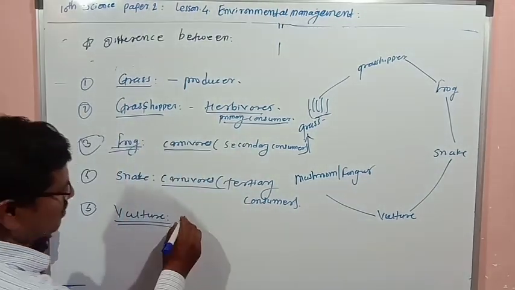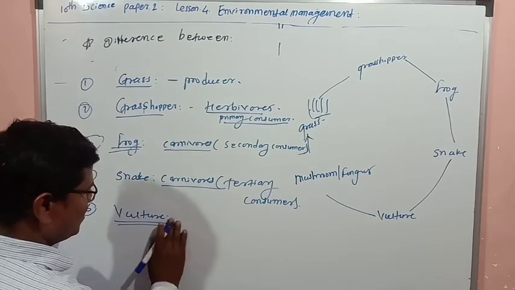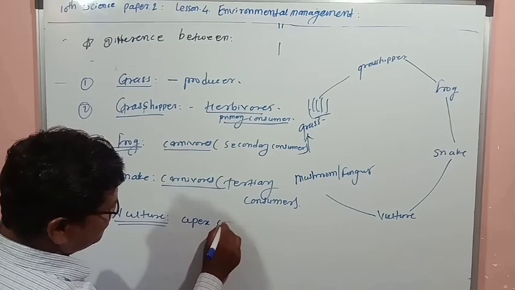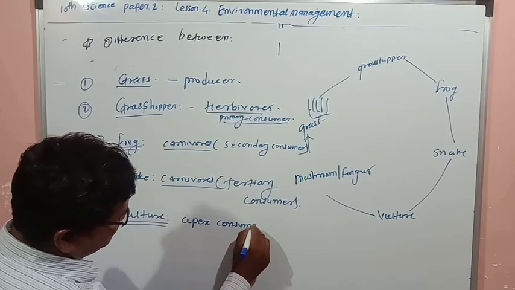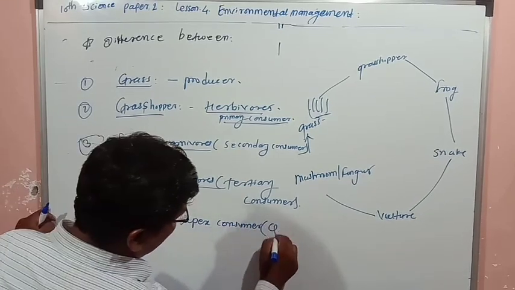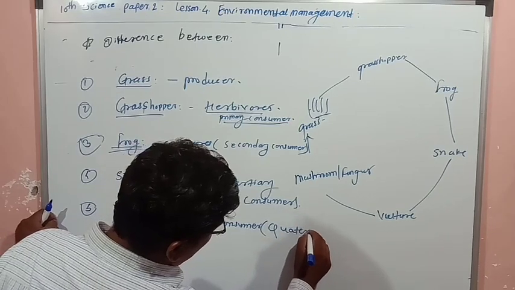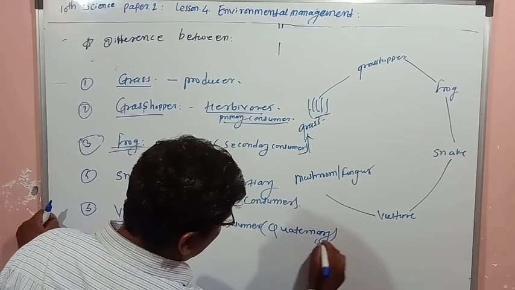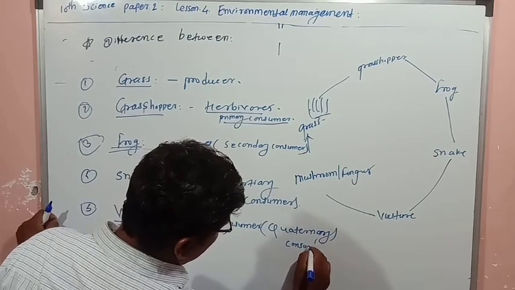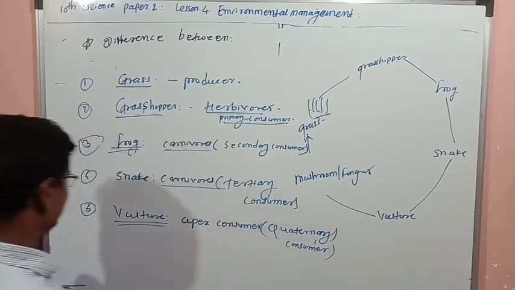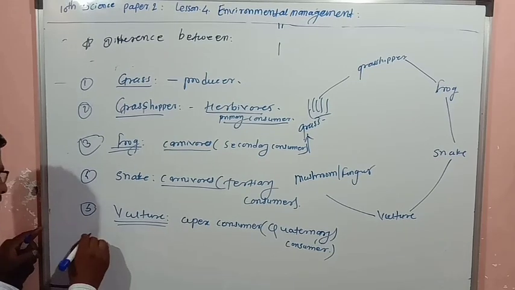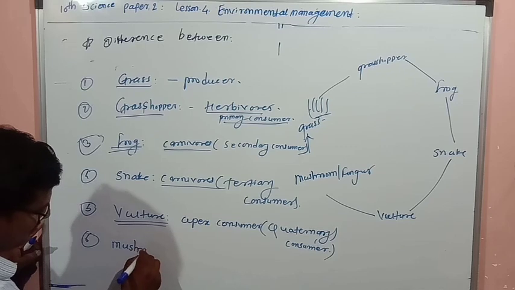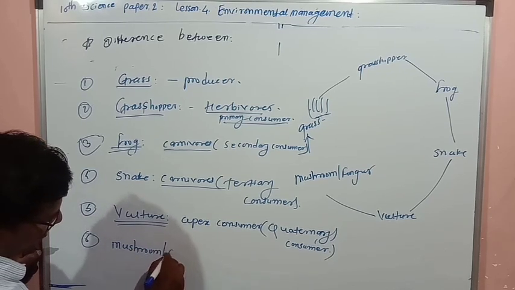You can say apex consumer, and you can say quaternary consumer. And the last one is there, mushroom or fungus will be there. Then it is decomposer.